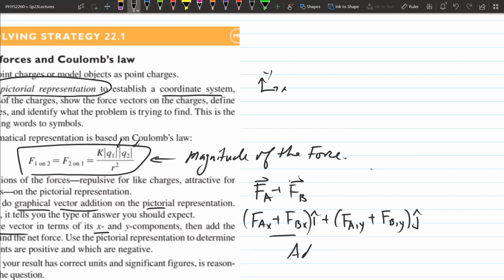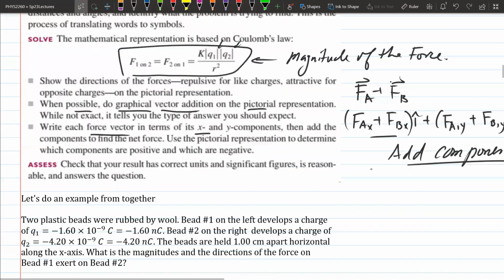You add the components. That's the only way you can add vectors mathematically. You don't add the magnitudes, you don't add the directions. You only add the components, okay? And then you do your unit check, your sanity check, and hopefully we get the right answer.